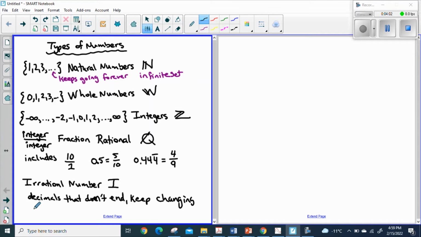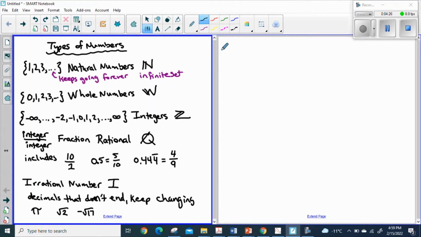So, everybody's favorite, that's pi. That's also the square root of 2. Maybe it's the negative square root of 17. If you type that into your calculator to double check, you'll get a whole bunch of decimal numbers and none of them repeat. So there's no repeating pattern to it. Those are irrational numbers.